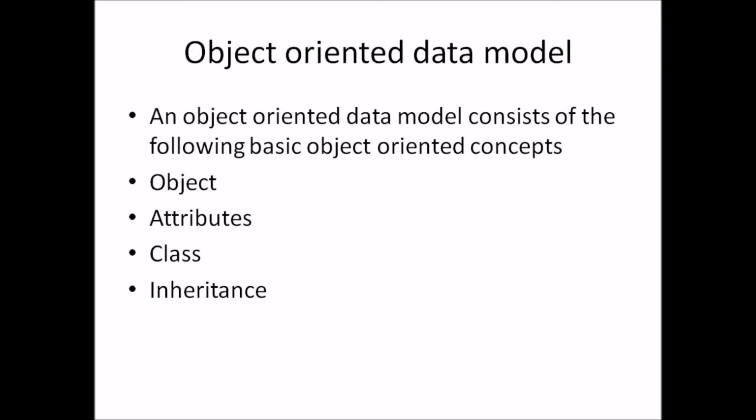Class is a group of objects which have the same set of attributes and methods. Then the next one is inheritance. Inheritance is the process of deriving a new class, also called a subclass, from an existing class, which is called the superclass.